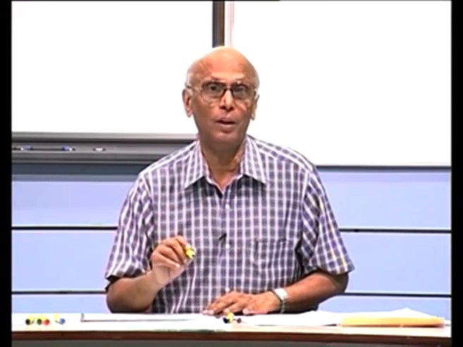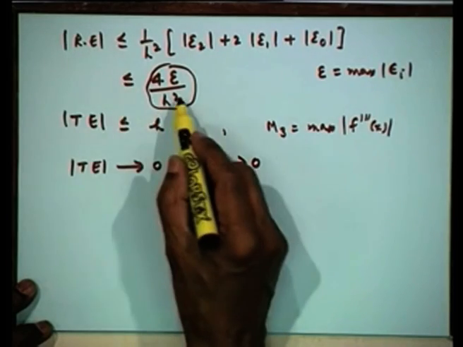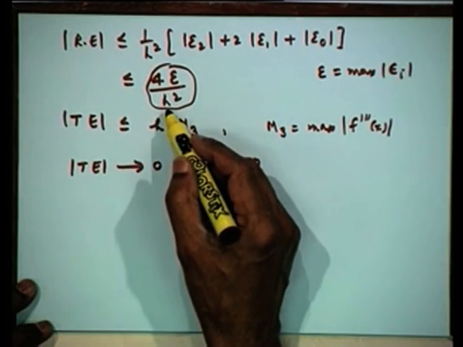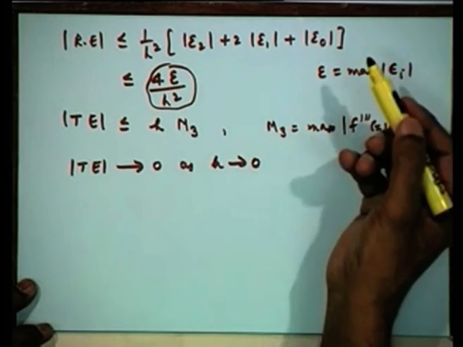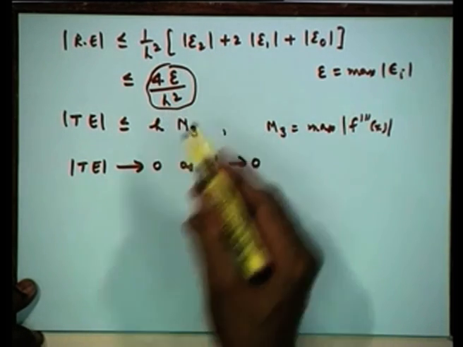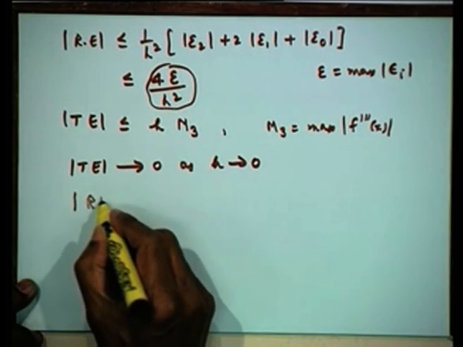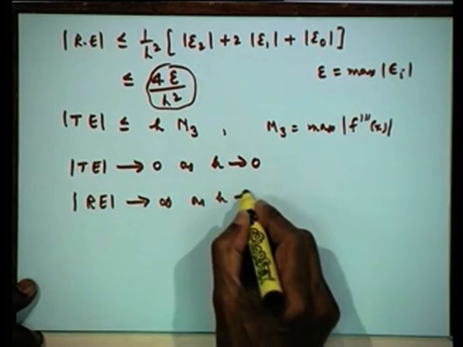But if there is round off error in the problem, what would happen? As h tends to 0, the round off error can blow up, because we are dividing by h square. We know what our epsilon is, which may be 10 to the power of minus 4 or 10 to the power of minus 5, divided by h square, but this is where the whole difficulty is. This tends to infinity as h tends to 0.